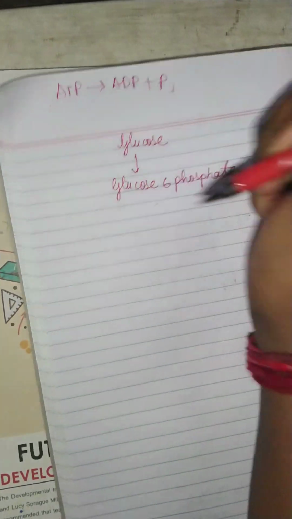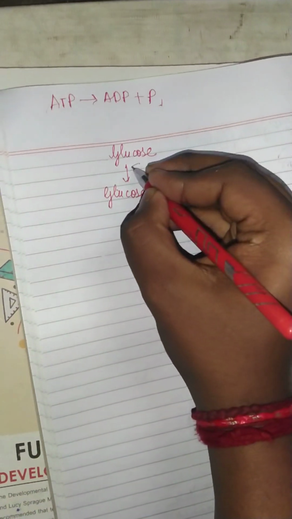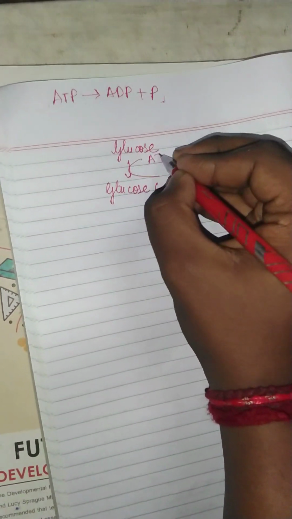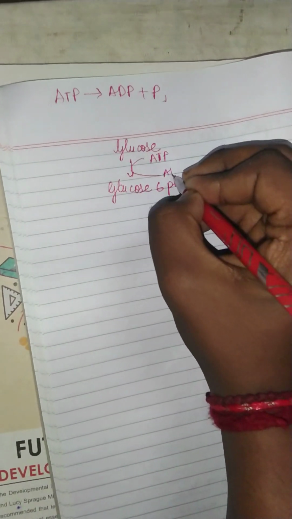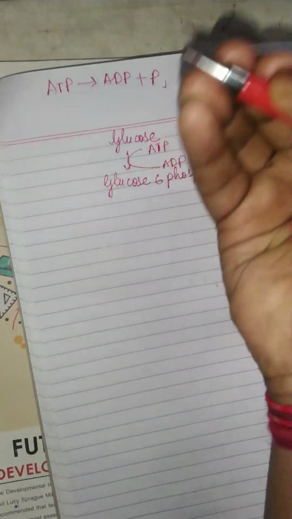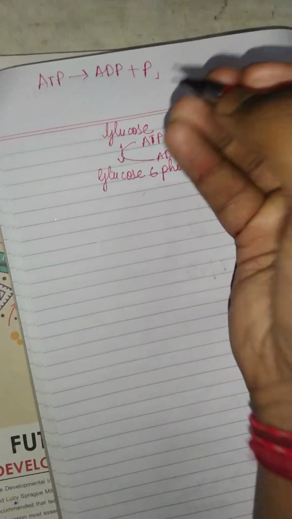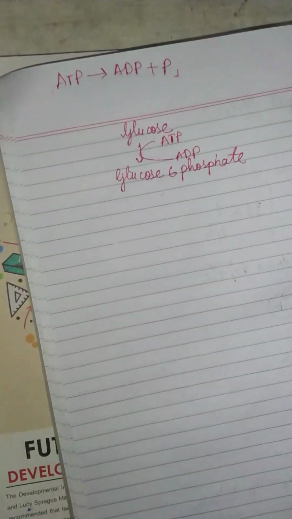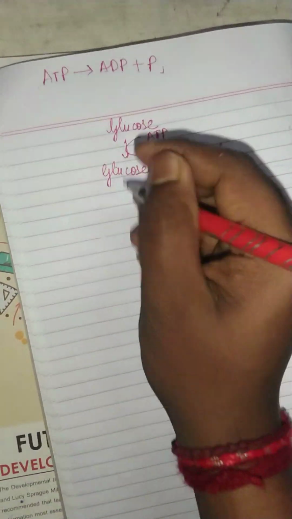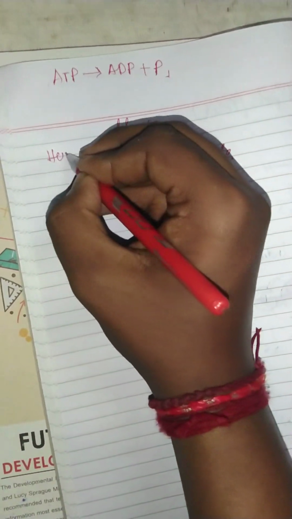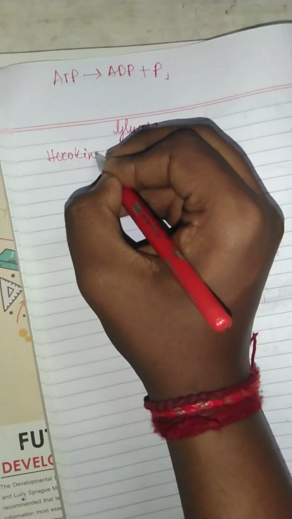This phosphate will bind over here. So over here, ATP is getting converted to ADP so that a phosphate group is released, which binds with this glucose to give glucose 6 phosphate, and the enzyme responsible is hexokinase.